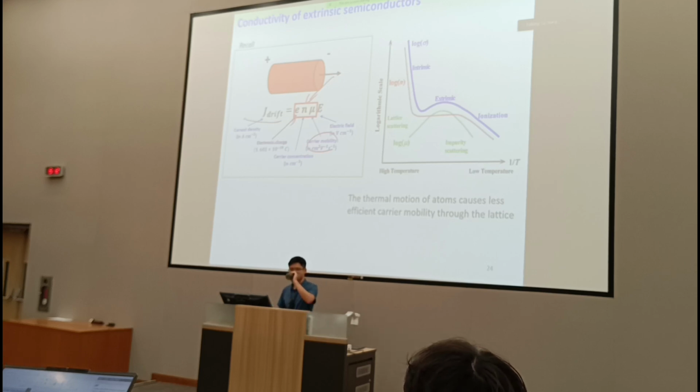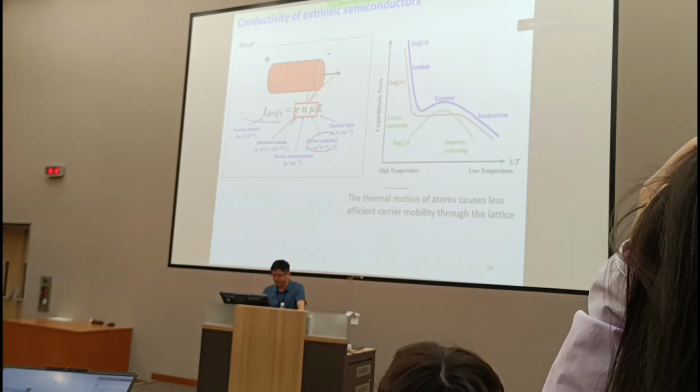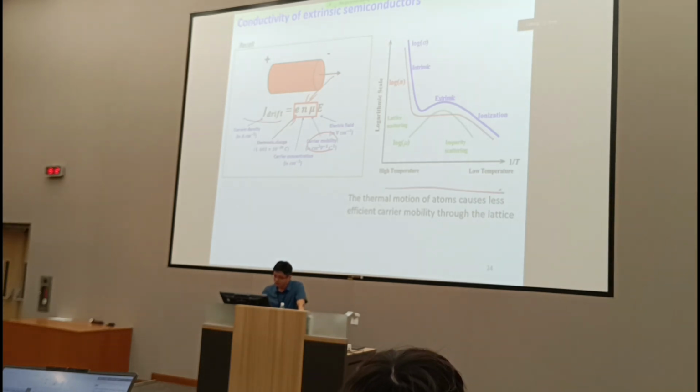Right? You see that on the right, if you plot the carrier concentration, log n, you have the flat region. This region corresponds to the extrinsic region, right? When you already ionize all the dopants. But if you plot the log of the conductivity, which is sigma equal to e times n times mu, right?